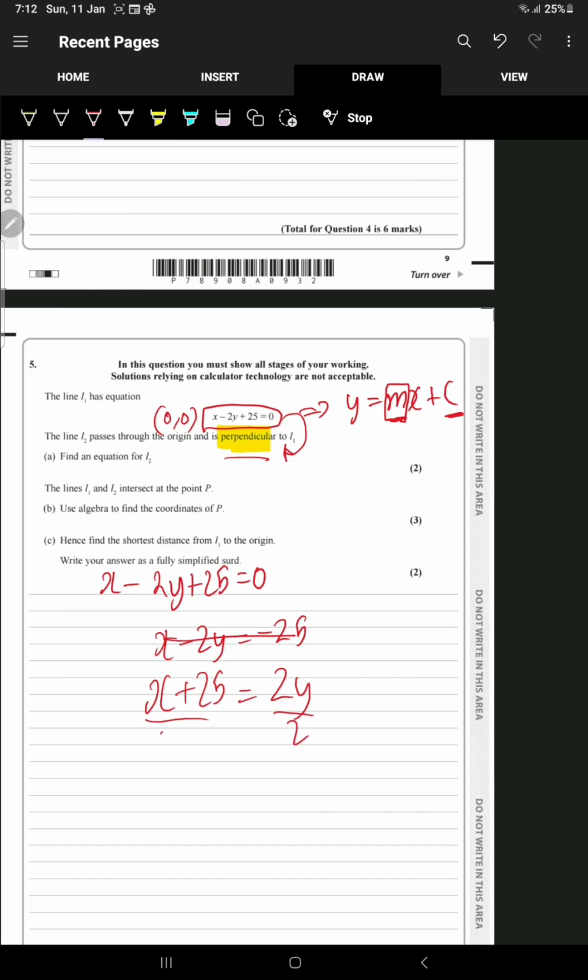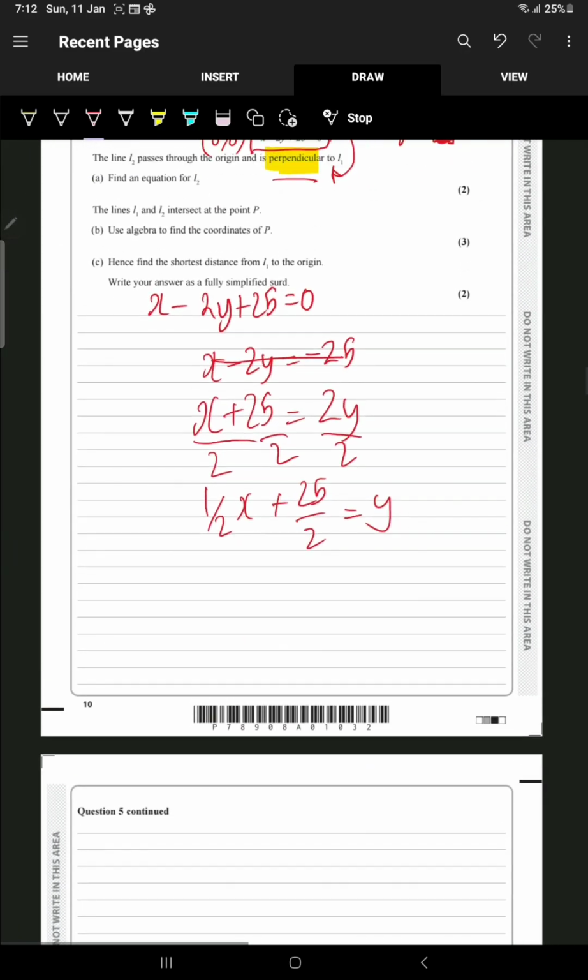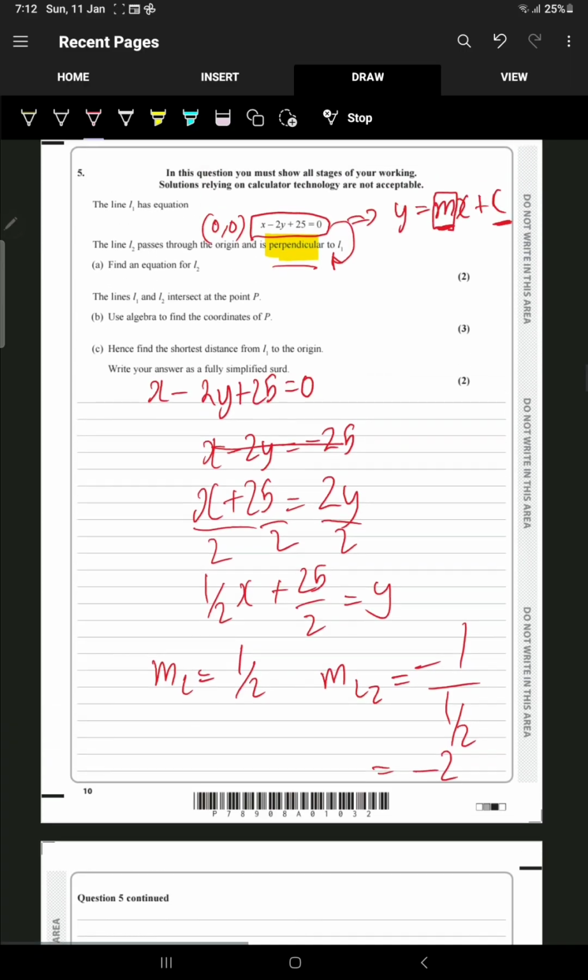Divide both sides by 2, and this gives us y is equal to half x plus 25 over 2. Now we know the gradient of L1 is a half, so the gradient of L2 is perpendicular, which is the negative reciprocal of this, which is minus 2.